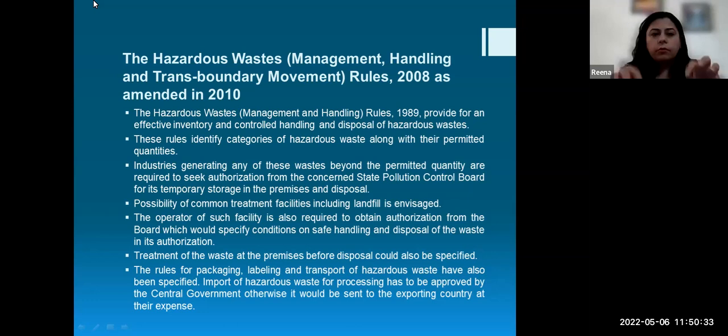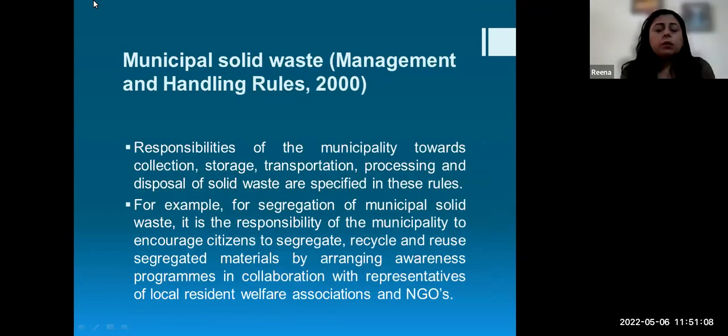So nowadays it is required of all hazardous waste generating agencies to have a binding agreement with an operator of such a facility, and all the details will be given in a specified format, and challans will be issued for that agency, and copies of those challans will be given back to the industry so that they can have a record of how much waste they had given to the agency and how much waste they have treated further.